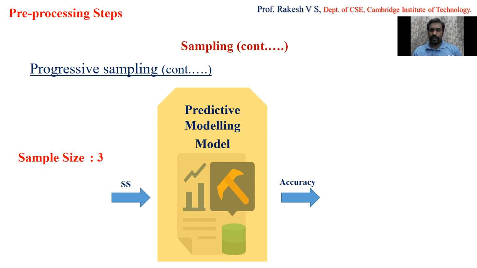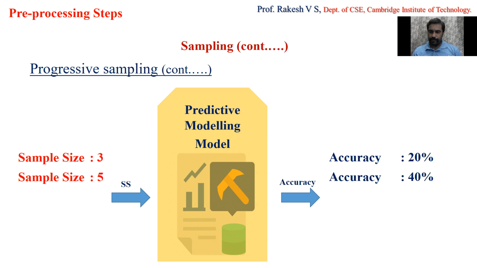Suppose I begin with a sample of size 3 and get an accuracy of about 20%. Since this is a very low accuracy, I increase my sample size to 5, which is a 2 unit increase, and check the accuracy. The accuracy level increases to about 40%, a 20% increase for just a 2 unit increase in the sample size.